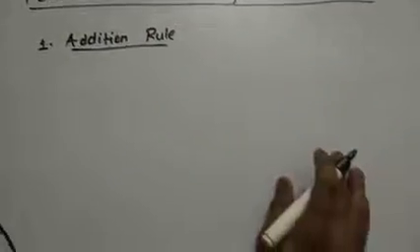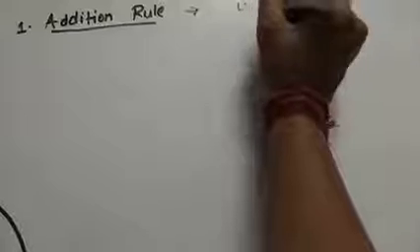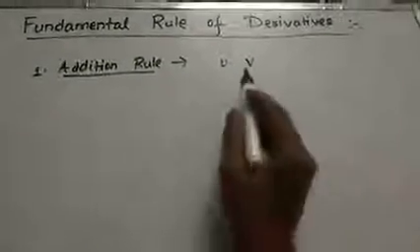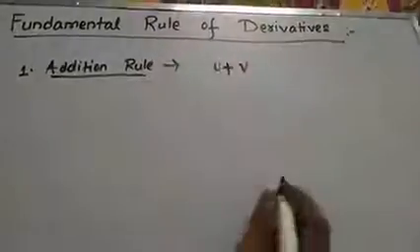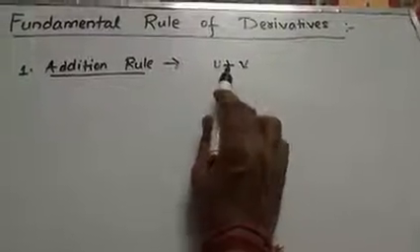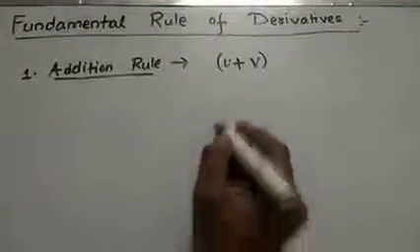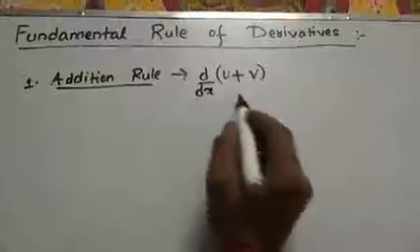Now the addition rule says that suppose you have two functions u and v, they can be anything, and they are in the form of addition, and now we have to differentiate them with respect to x, so we will write it in the form d/dx.